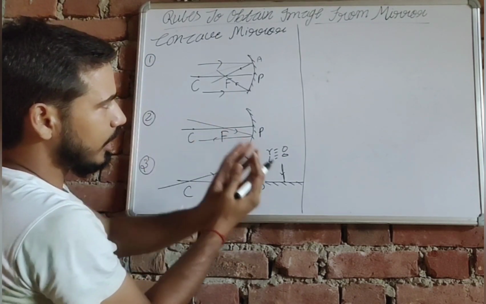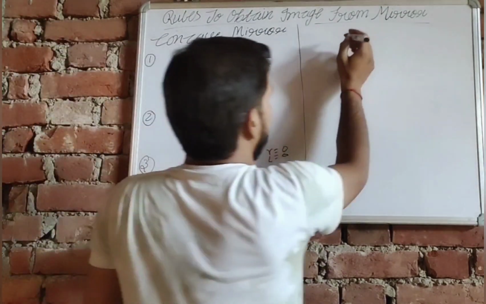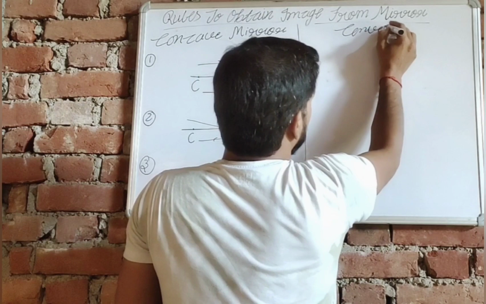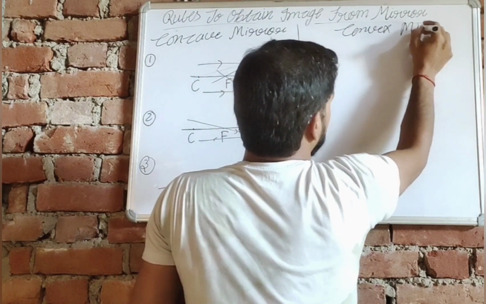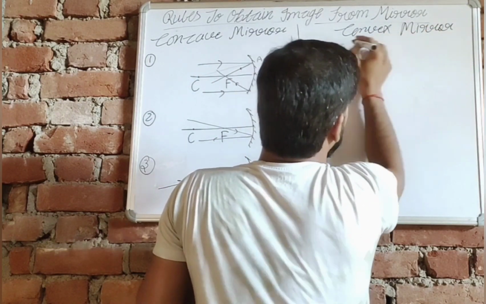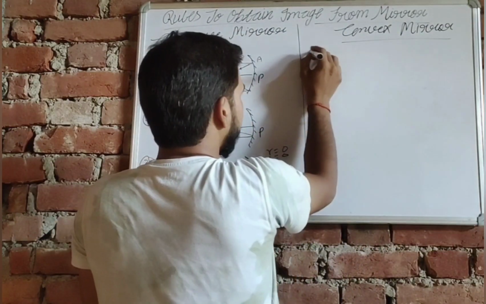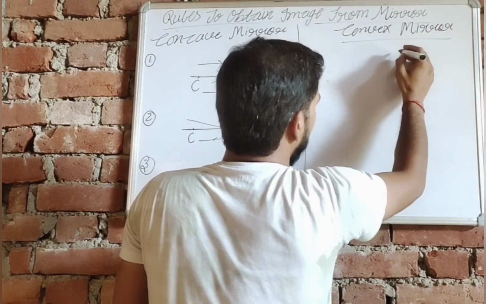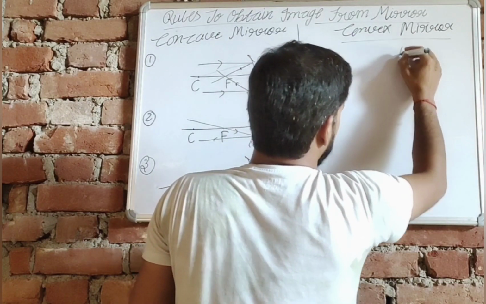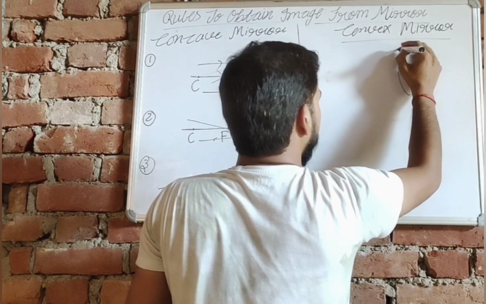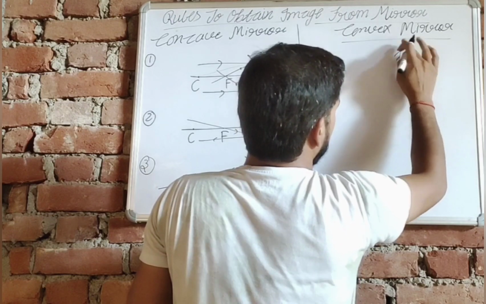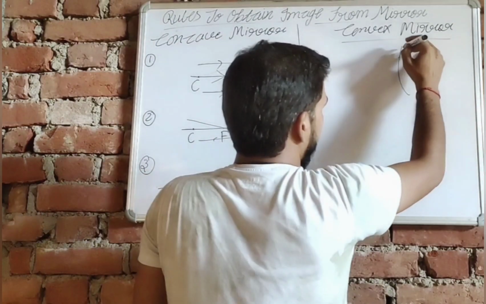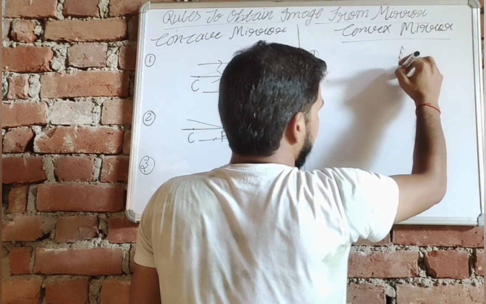Now let's see the same rules in the case of a convex mirror. In case of a convex mirror, we polish the outer surface like this.